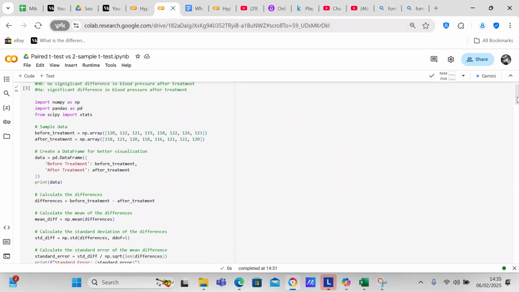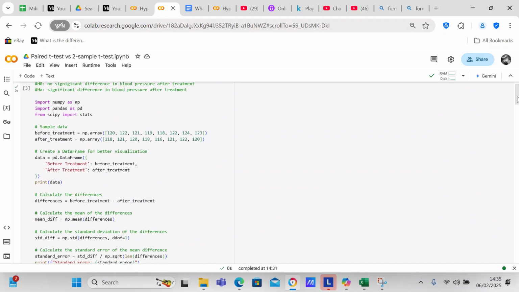So we're going to import our libraries of NumPy, Pandas, and SciPy. NumPy performs your numeric computation, Pandas is going to form your data frame, and SciPy is going to perform your statistical computations.